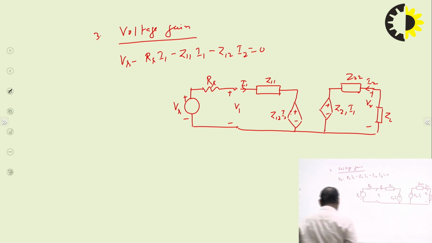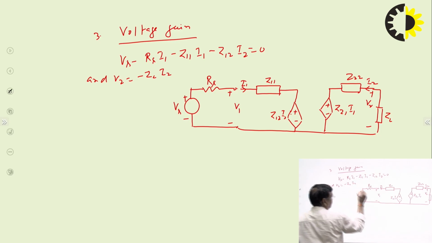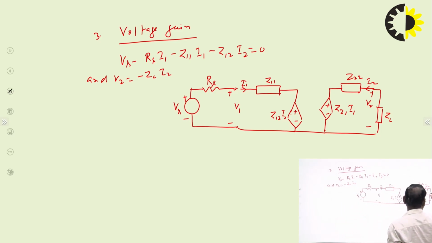So Vs is equal to, we can write and put V2 as minus ZL I2, because I2 is just opposite to the current through ZL.